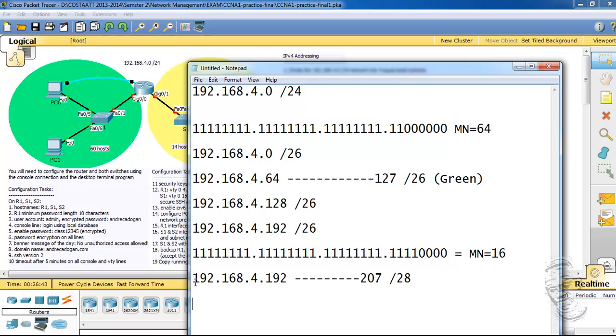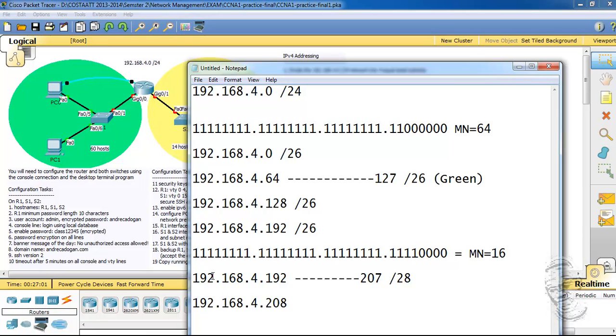Our next network will be 192.168.4.208, because we are incrementing by 16.